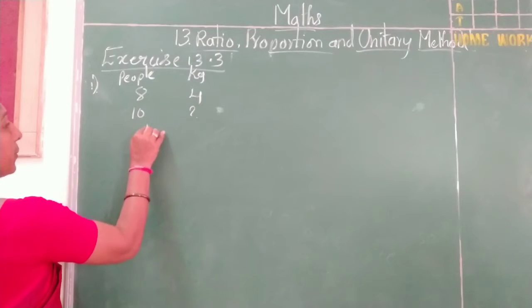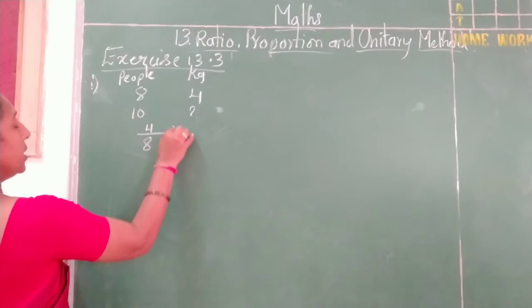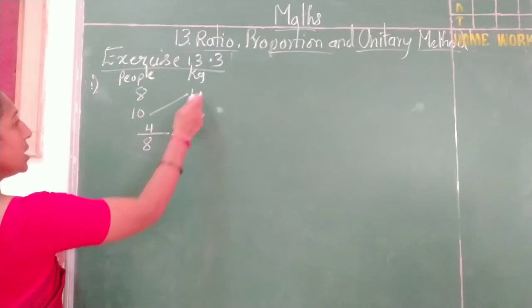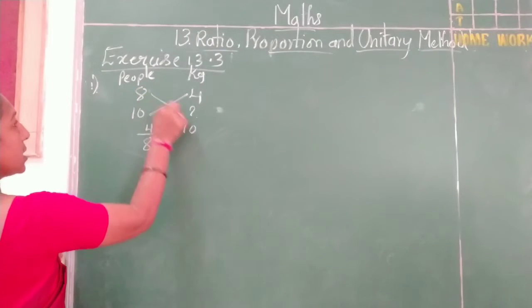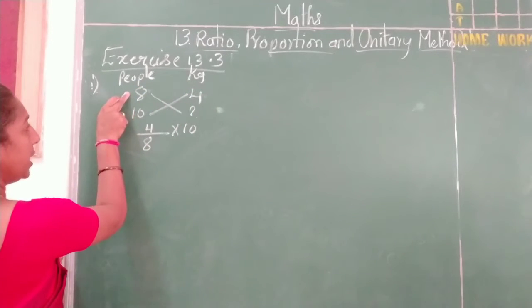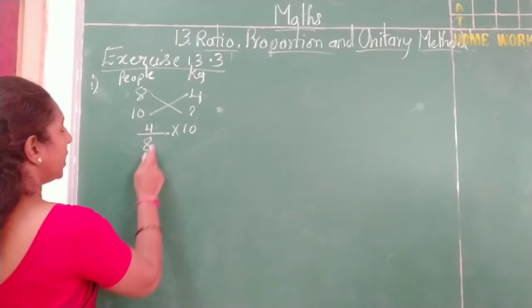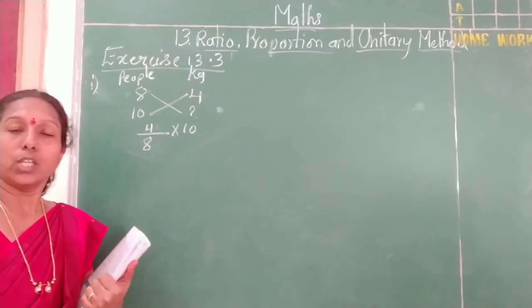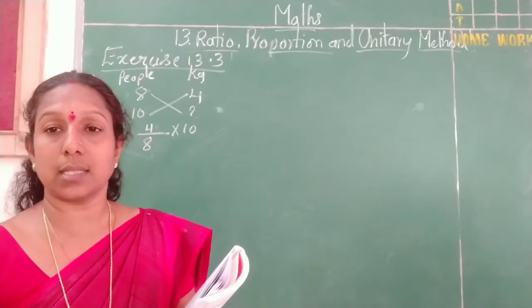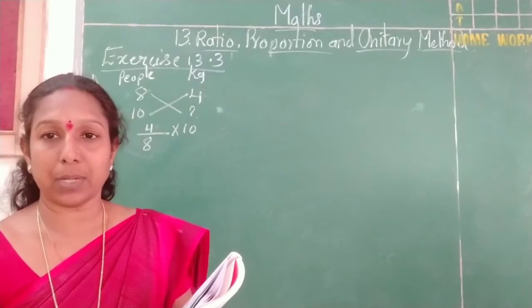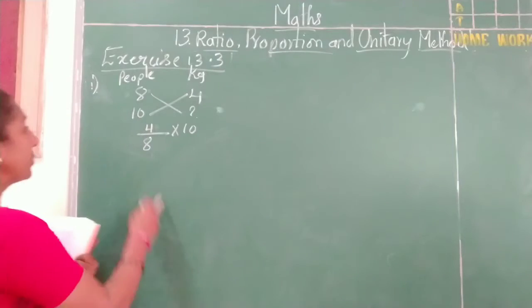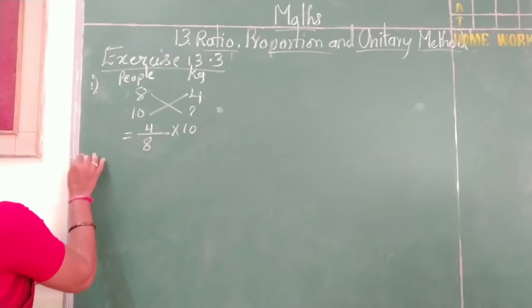So 4 divided by 8 into 10. If you divide 4 kg by 8 people, you will get how much rice each person will consume. So you have to solve, you will get the answer.